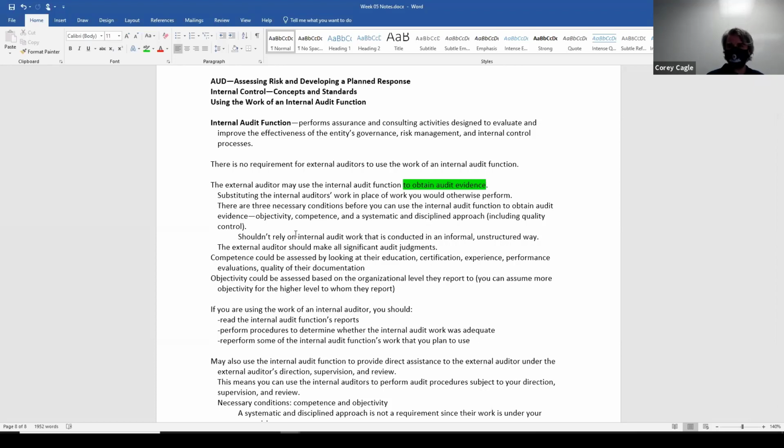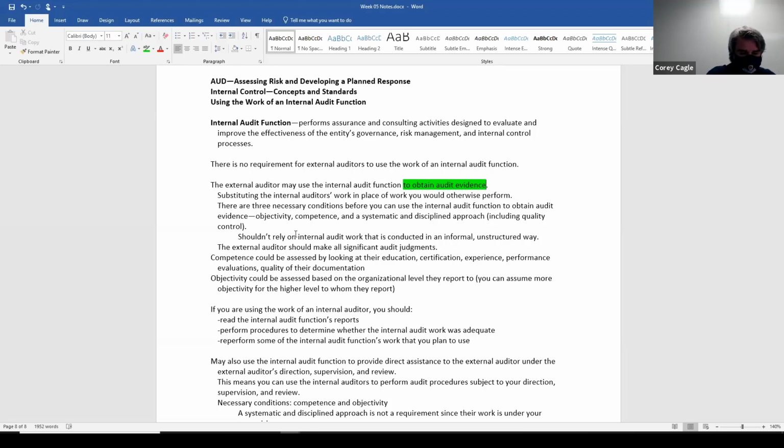So they're not independent, is the problem, right? Internal audit are not independent. So we can't share any responsibility with them. We can use some of their work as evidence, but we can't share any responsibility with them for any of the decisions we're making as auditors. We can't share responsibility for any judgments we're making.